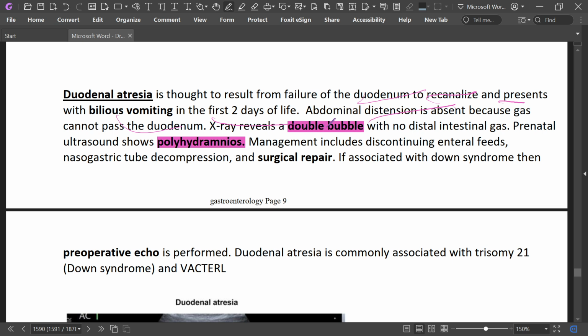X-ray reveals the double bubble sign with no distal intestinal gas. Prenatal ultrasound shows polyhydramnios. Management includes discontinuing enteral feeds, nasogastric tube, and surgical repair.